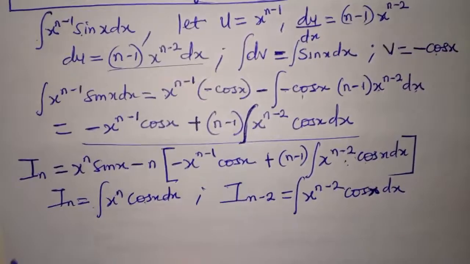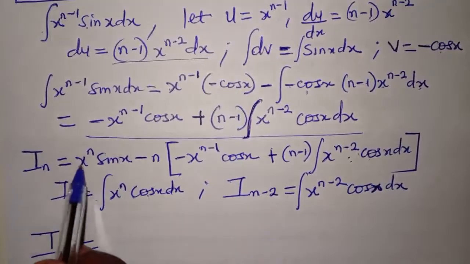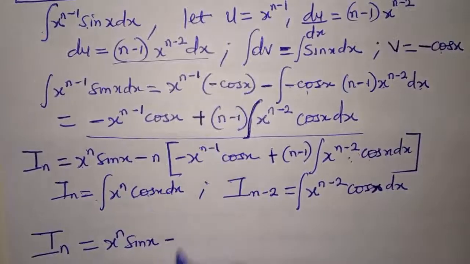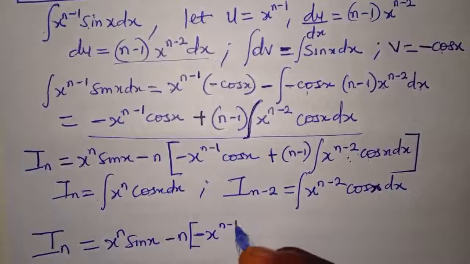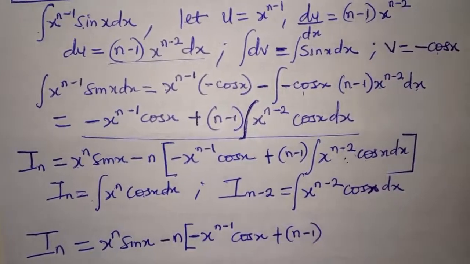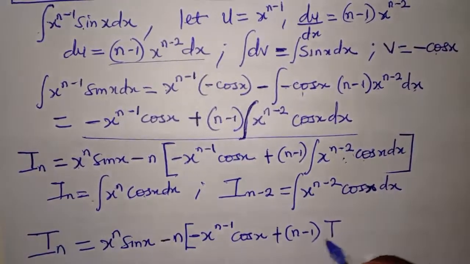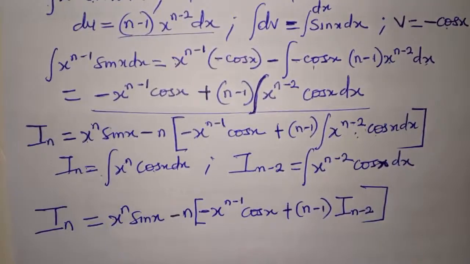So therefore, we now say the reduction formula for the integral of x to the n cos x dx, which is I sub n, is equal to x to the n sine x minus n in bracket minus x to the n minus 1 cos x plus n minus 1. Instead of writing this particular integral, I'll write I sub n minus 2. That's why it's called a reduction formula.